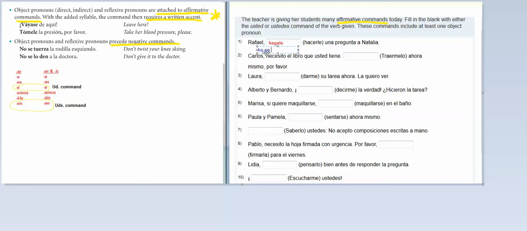Okay, I'll just write it because it gets so complicated. So it was originally 2 syllables, which meant that the accent naturally fell here, second to last syllable. Well, when I make it hágale, it's going to become a 3-syllable word.